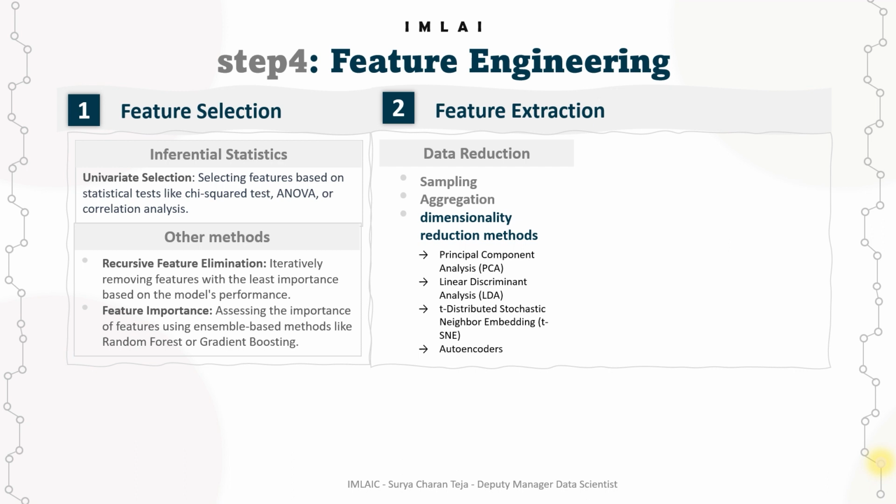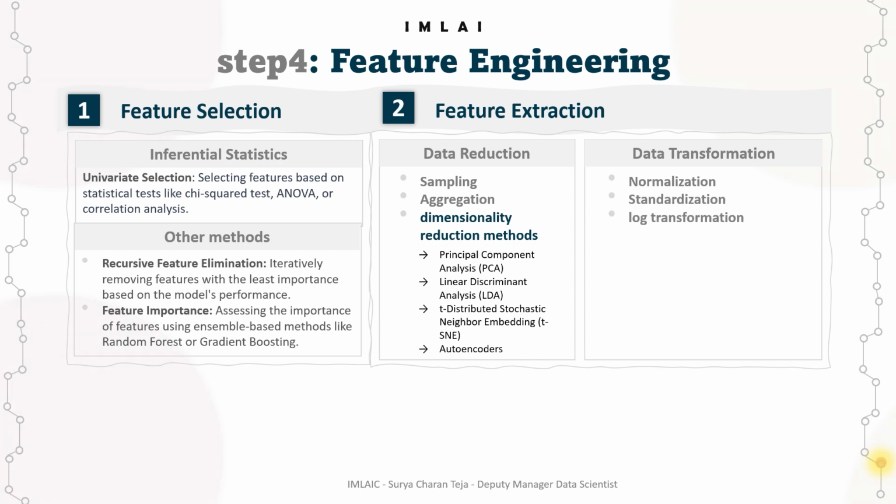In addition to that, we have data transformation techniques, which are normalization, standardization, log transformation, and data encoding techniques such as label encoding or ordinal encoding, which is for the ordinal variable. Then one hot encoding, which is for the nominal variable type.